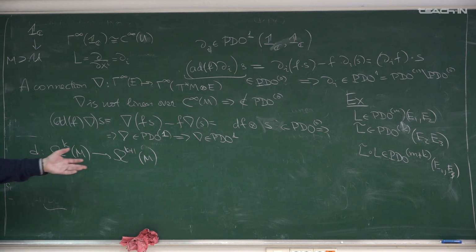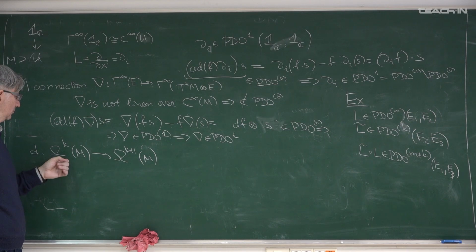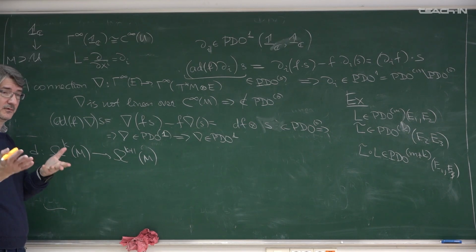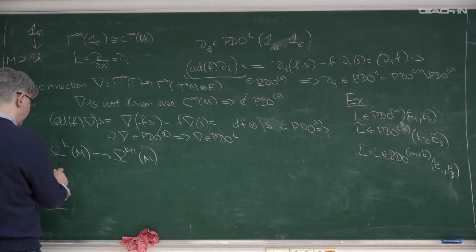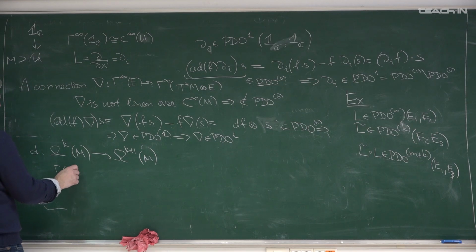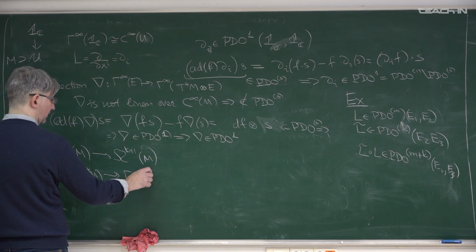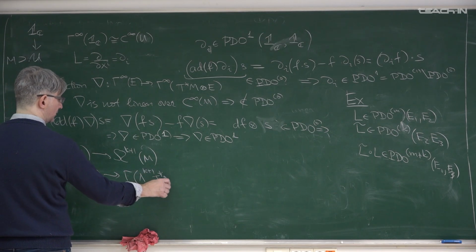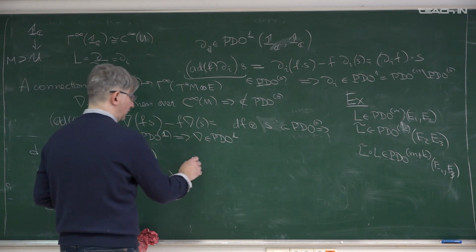How to consider differential forms as sections? Actually, they are sections of the k-th exterior power of the cotangent bundle, and this is sections of lambda k plus 1 of the cotangent bundle. That's the derivative.